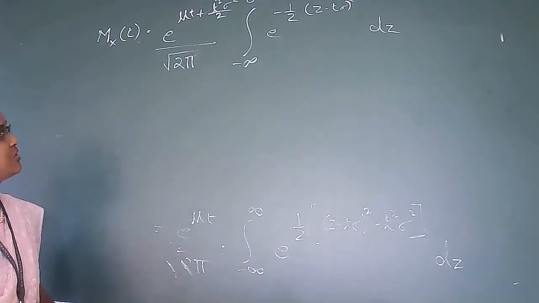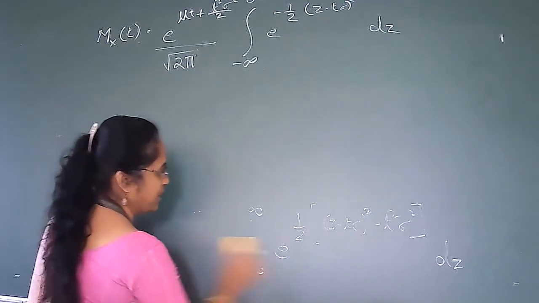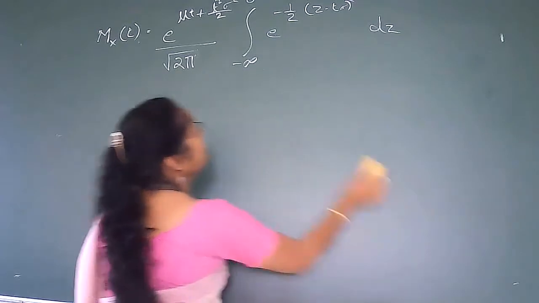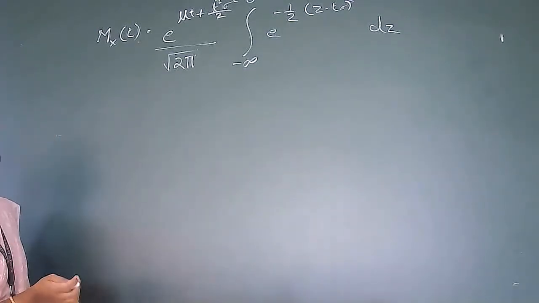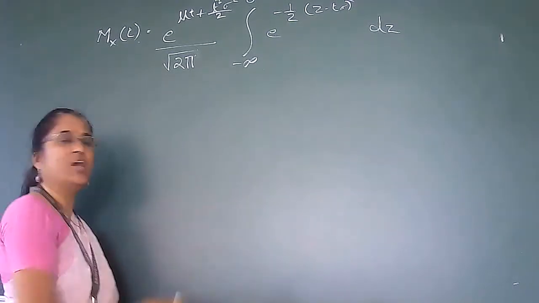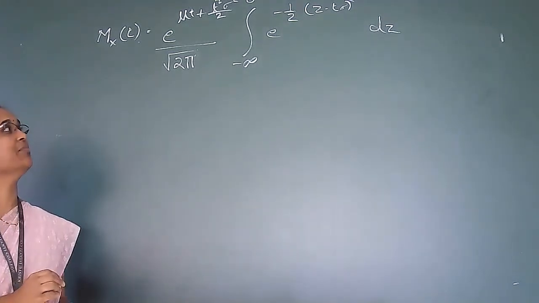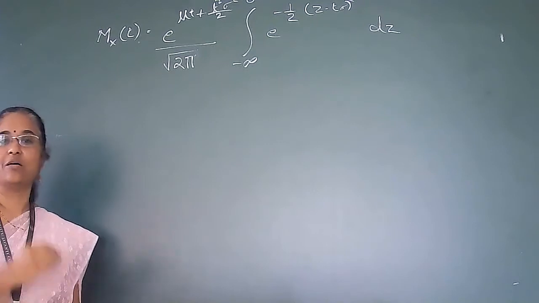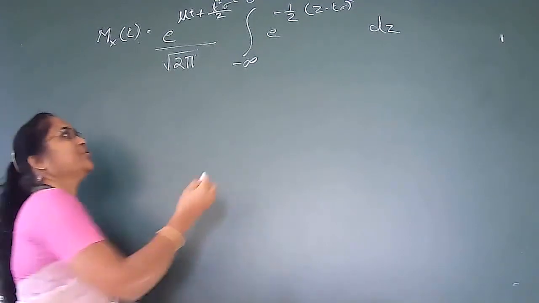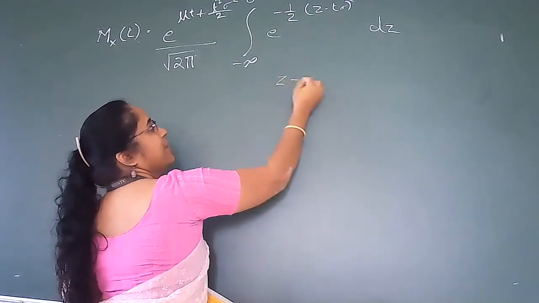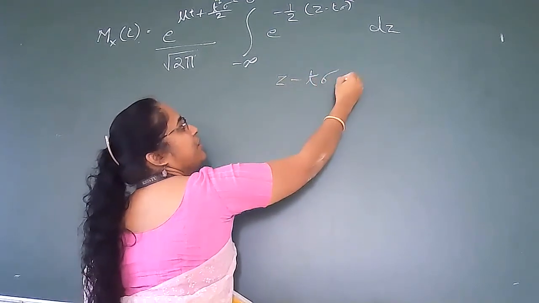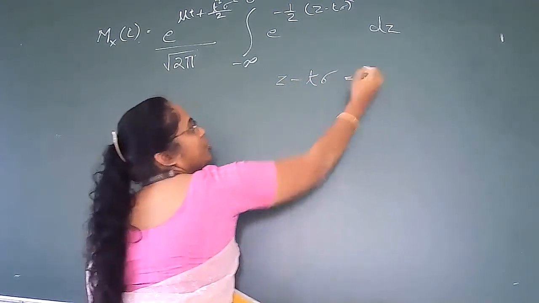We just thought about some transformation, and now I will show ways to solve. What I'm left with is this term, and now let me call z minus t sigma some other variable u. So let z minus t sigma be equal to u.